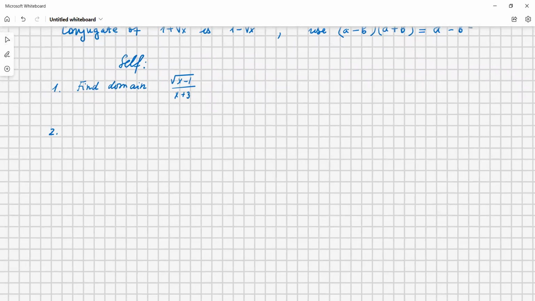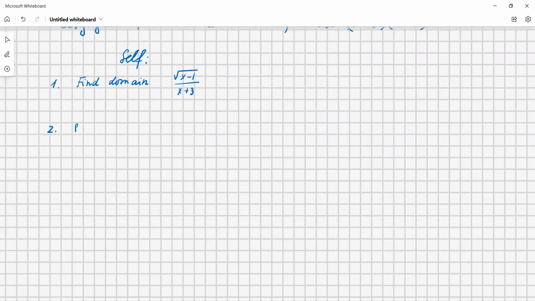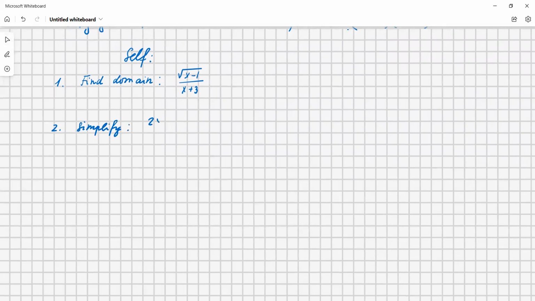Number 2, simplify. And that's going to be the expression 2x plus 2 divided over x squared minus 1.